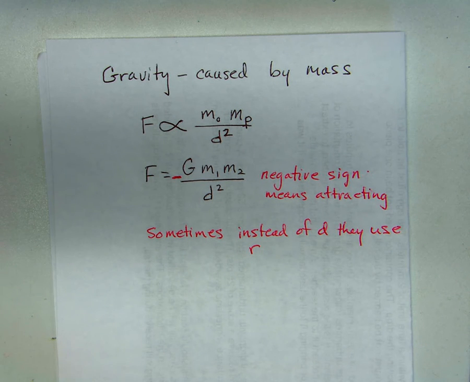Sometimes instead of D, they use R, especially if you're talking about the orbit of planets, moons, things like that, because then it's a radius.